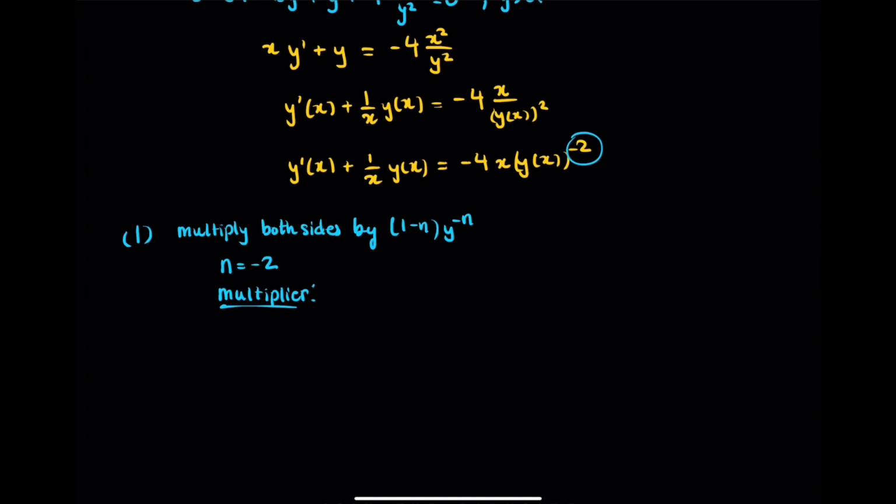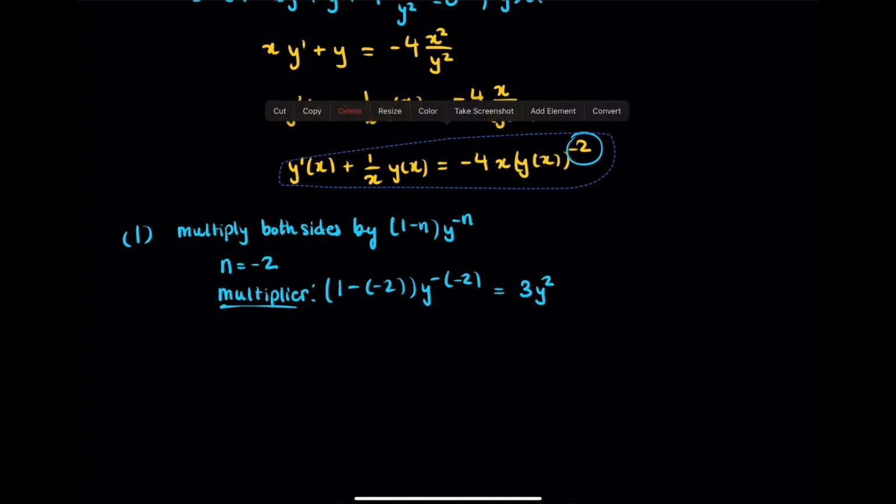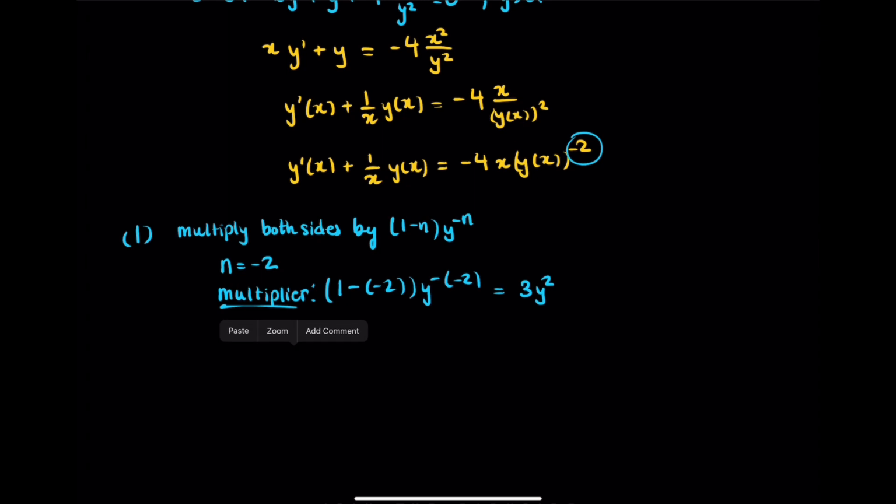Because 1 minus negative 2 y to the minus negative 2 equals 3 y squared. Okay, so we want to multiply both sides by 3y squared. So let's do that. So 3y squared, actually, hold on. Let me use the magic of technology.